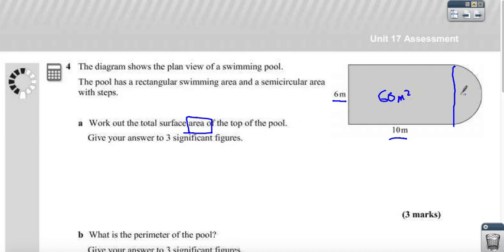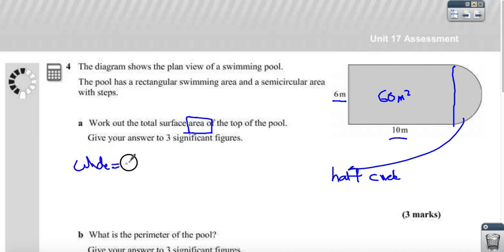Secondly, we need to work out the area of this, which is half a circle. So we do the whole circle. The whole circle we know is pi times radius squared. The radius, from here to here, that distance is only 3, because the whole distance there was 6, and radius is half that.